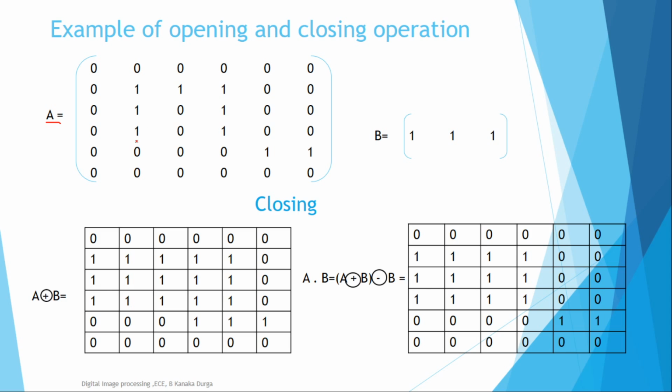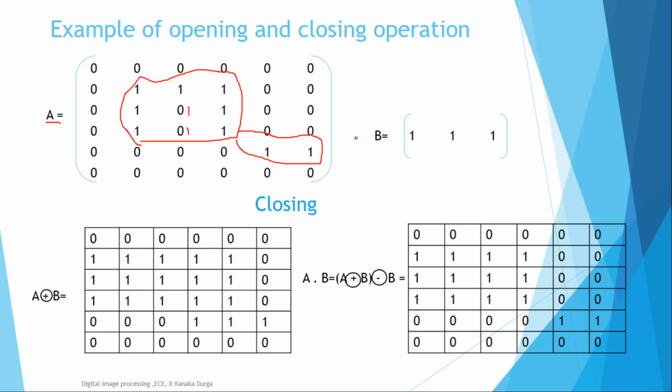If you observe in this scenario, this is an object, and this also comes into the picture as part of the object. Actually, even though it is an object, these should be ones, but due to the noise presence in the object, these pixels are zeros. So once we apply this closing transformation, we have to observe what will happen to the matrix A.